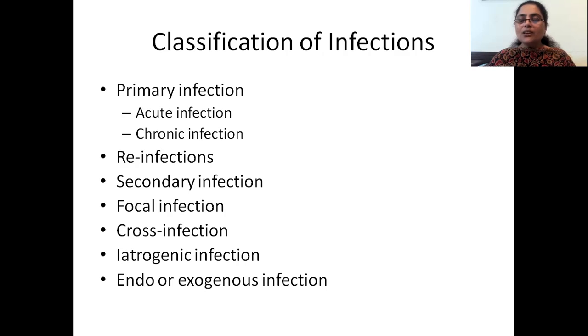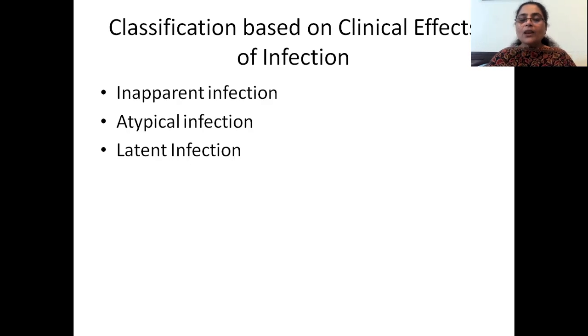So during medical treatment, microorganisms enter, reside, and start multiplying. That is iatrogenic infection. Endogenous infection is caused by the commensal, which may become opportunistic. And exogenous infection is caused by the environment, by organisms present in the environment.